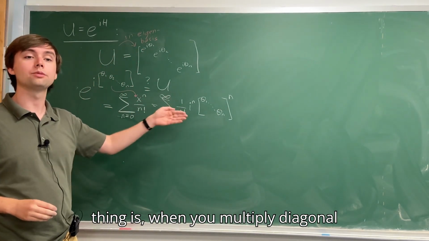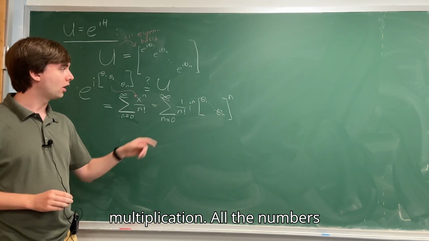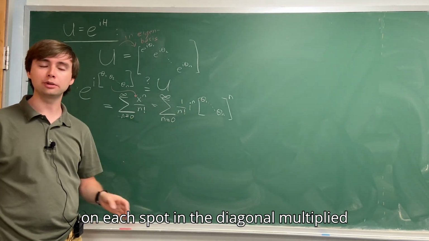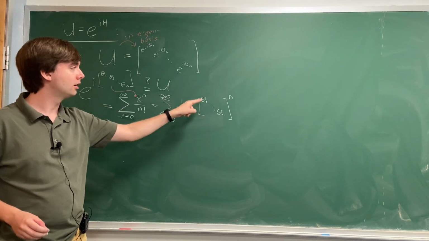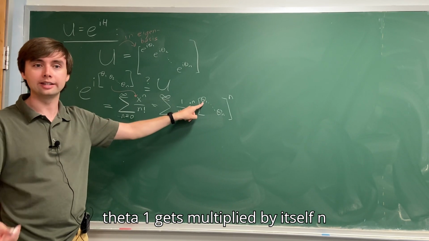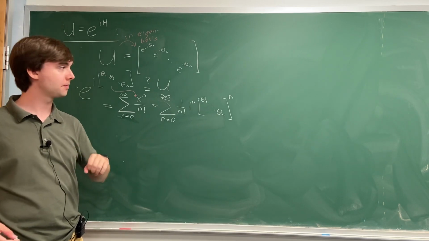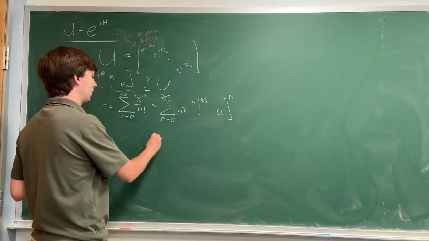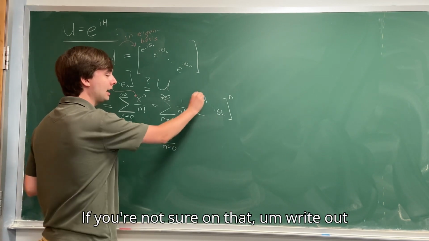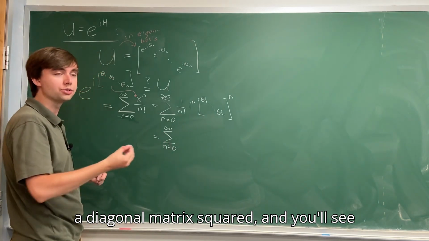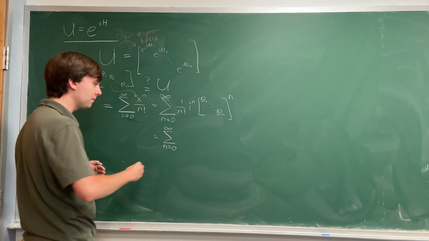Now, the nice thing is, when you multiply diagonal matrices, you don't have to do matrix multiplication. All the numbers on each spot in the diagonal multiply together. They don't mix. So if I raise this to the n power, theta 1 gets multiplied by itself n times. Theta 2 gets multiplied by itself n times. And that just repeats. If you're not sure on that, write out a diagonal matrix squared, and you'll see it happen. If you just do it for yourself, you're going to get it intuitively and know what to do every time.